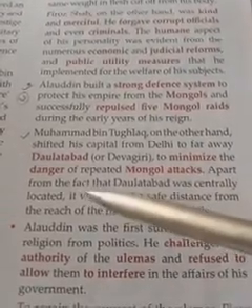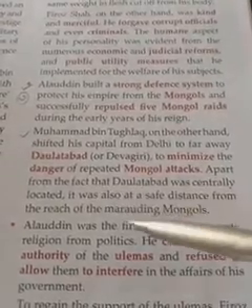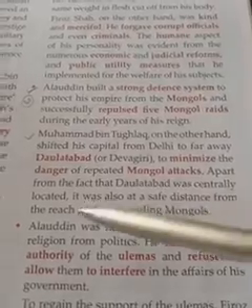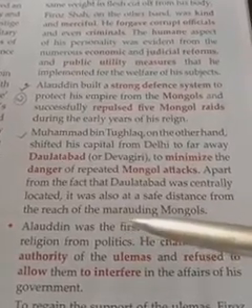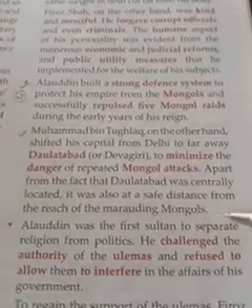Apart from the fact that Daulatabad was centrally located, it was also at a safe distance from the reach of the marauding Mongols.